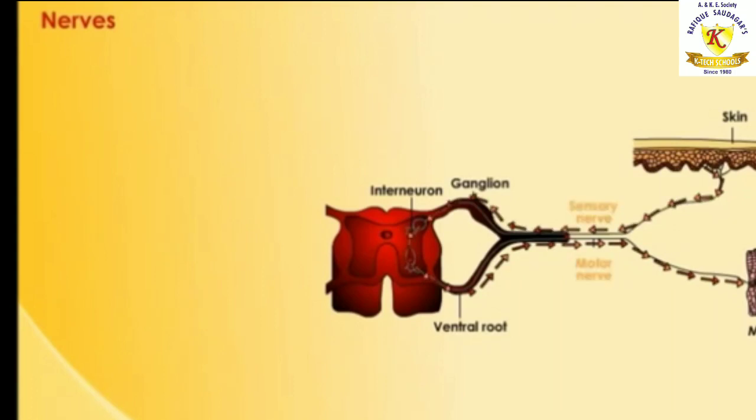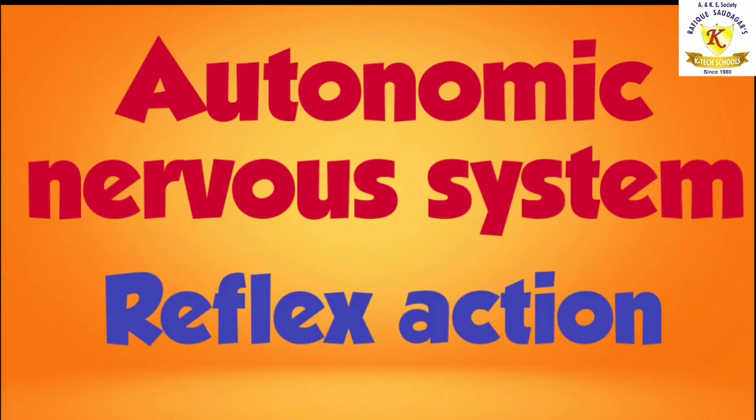Some nerves do both of the above functions of carrying the impulses from the sense organs to the brain and the spinal cord, and also of conveying messages from the brain and the spinal cord to the muscles or gland, and they are called mixed nerves. Got it, children? So, now we shall learn about autonomic nervous system. In that, we will be learning about reflex action.